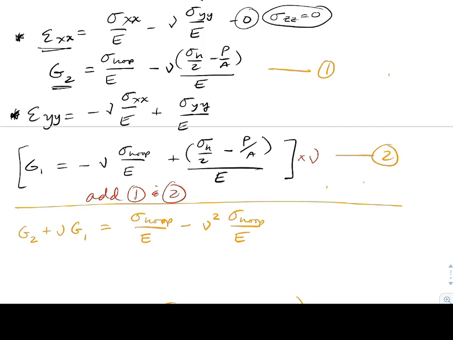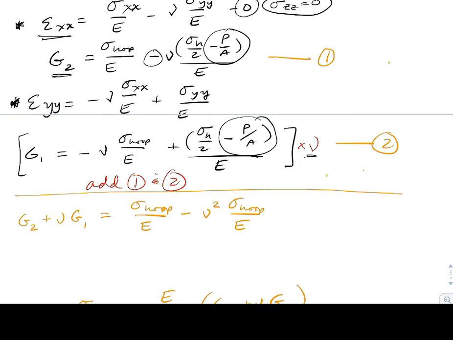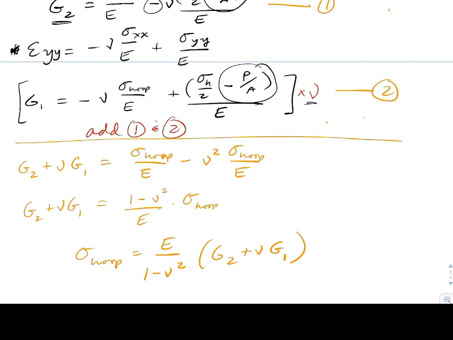That'll be our unknown that we're about to solve for. Looking back above, you see that we've got P over A. Up here we have the same P over A, but with a negative sign. As we multiply by Poisson's ratio, those whole terms cancel out. So then just combining sigma hoop, we've now got our sigma hoop equation.